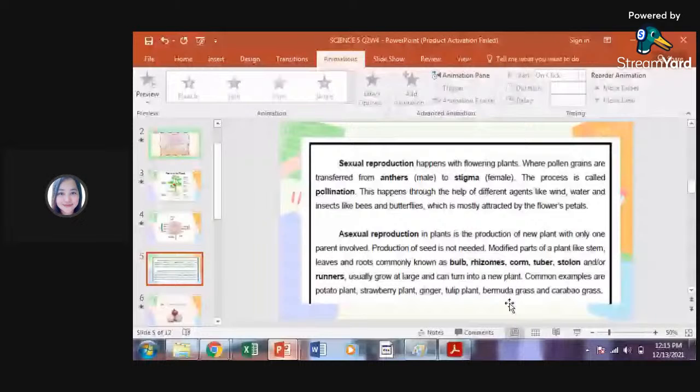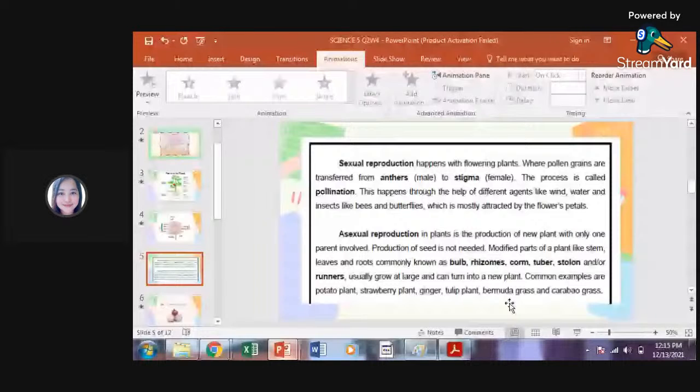The next one is the tuber. It is a fleshy underground stem or root. So an example is a sweet potato, an example of a root. Look at this. And of course, it's edible.